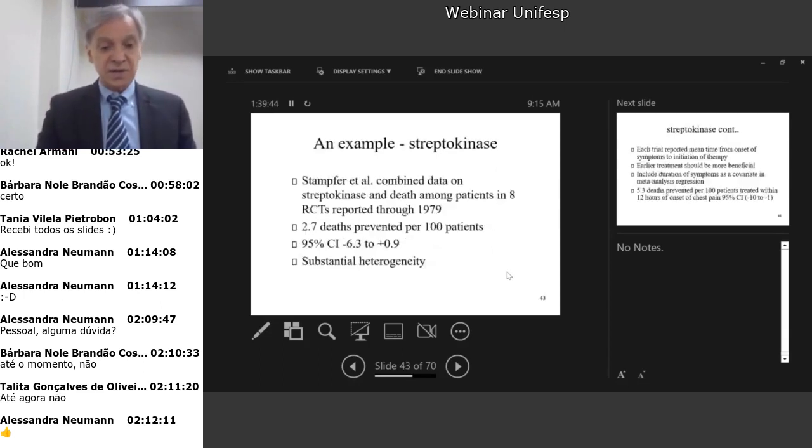Remember, it was 2.7 deaths prevented with a confidence interval from 6.3 deaths prevented to almost 1 death more.